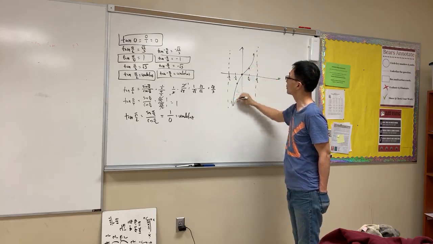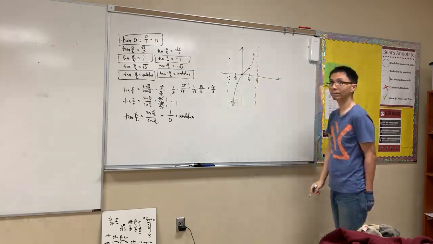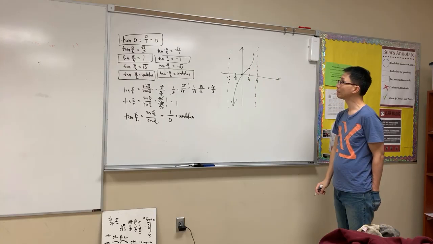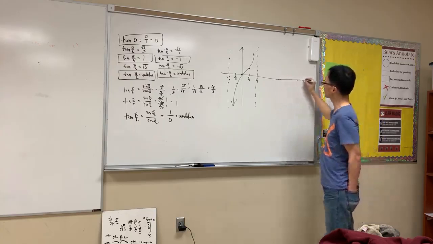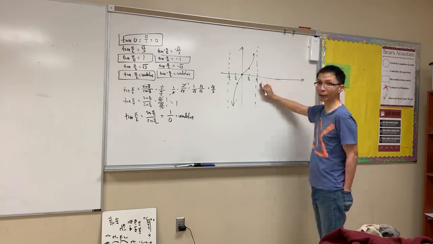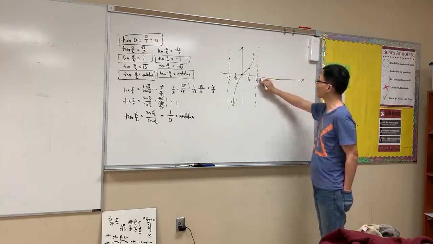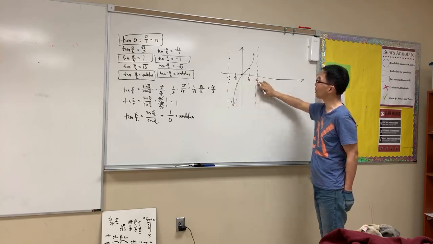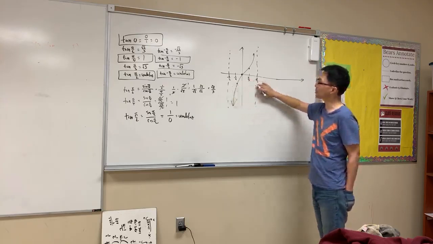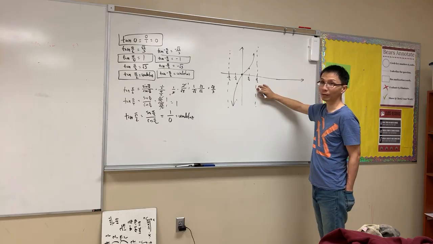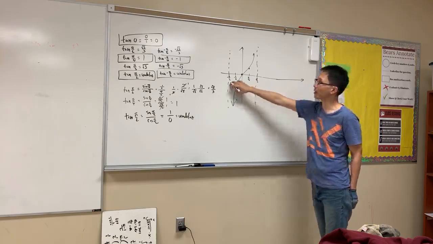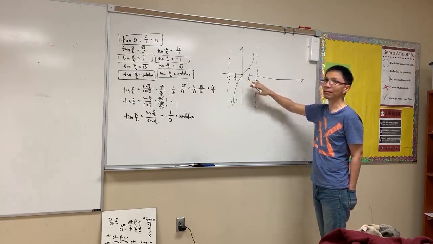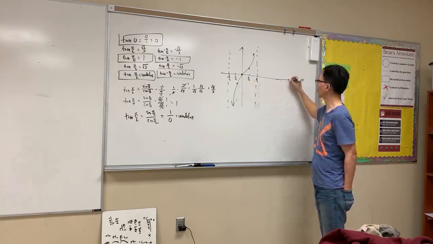Pi over 2, and then go to the next one, it's going to be a period, so from here to here. What's the distance from negative pi over 2 to pi over 2? Pi, right? Because this is a half, half plus half is 1, so you're going to go to 3 pi over 2 here.